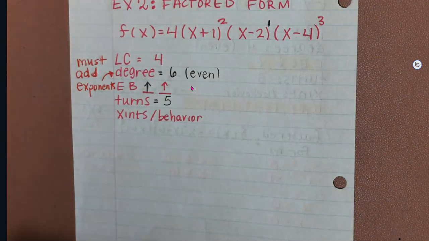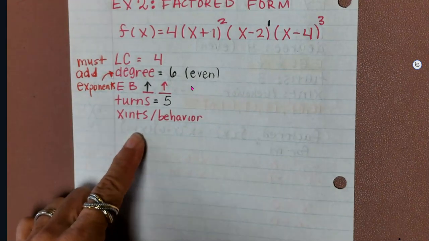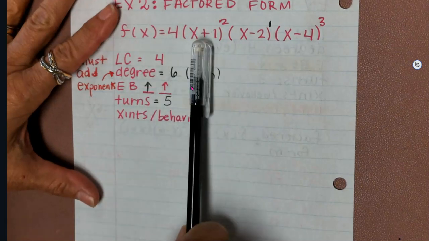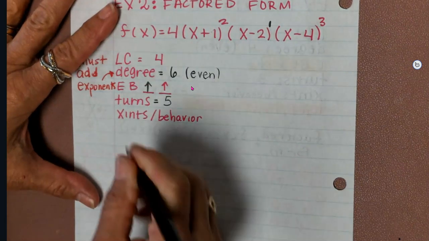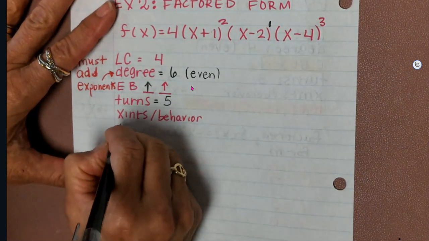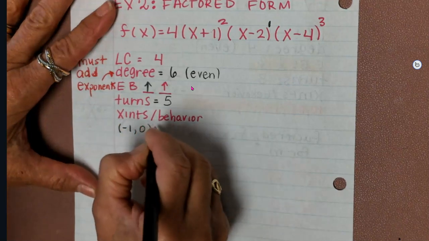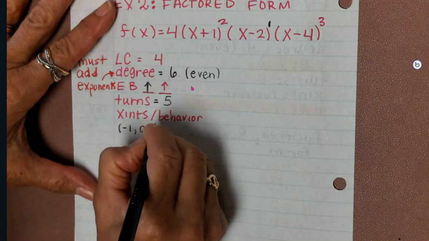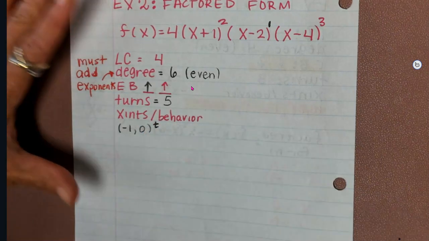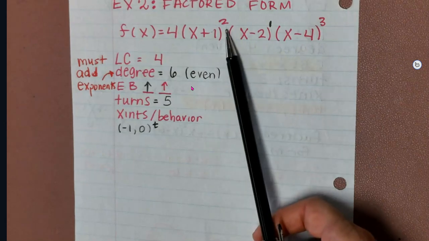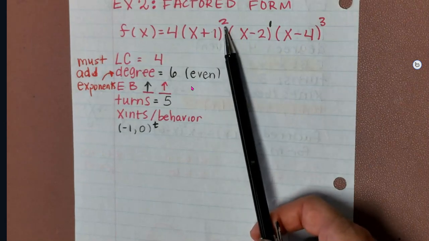And yay for us, we don't have to factor because it's already been factored for us. So our first x-intercept is going to come from this first factor. That first x-intercept is -1, 0, and it's going to have a behavior that is tangent. How do I know it's tangent? It's repeated an even amount of times.